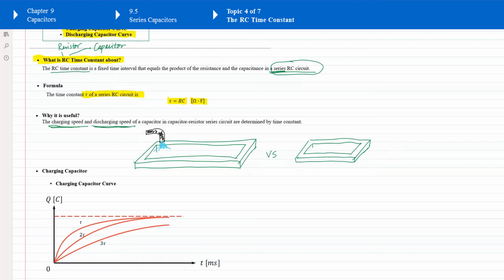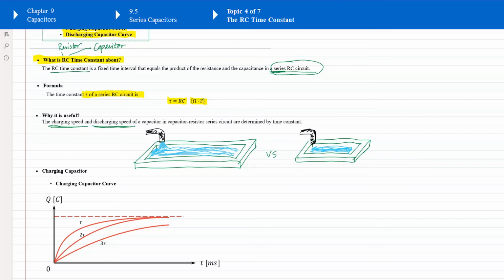For a bigger swimming pool, it takes more time to fill. I use the same pipe to pour water into the small swimming pool. For a small swimming pool, it takes less time to fill.